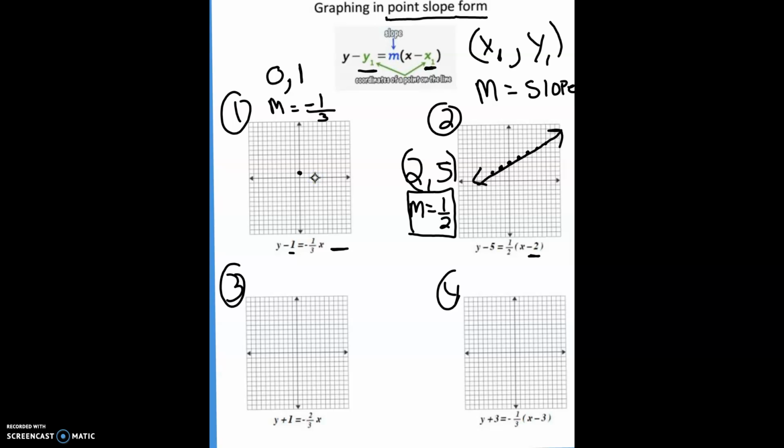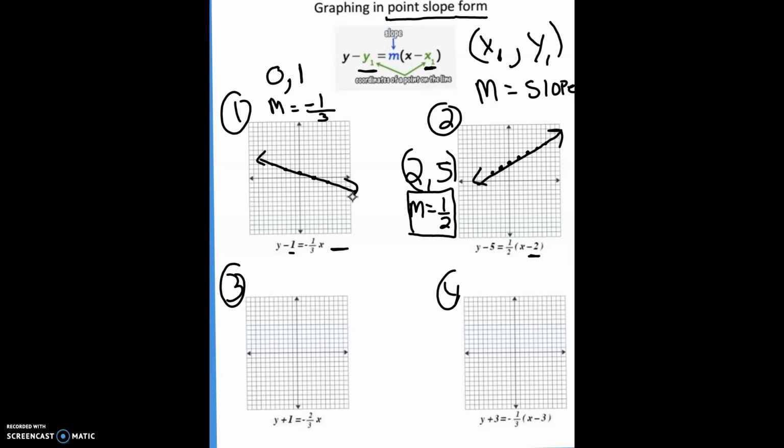You'll notice my line is going down because it's negative. Let's do a couple of opposite points. So I'll go up 1 over 3, up 1 over 3, and there's my line. Again, you read a line left to right, so that's negative.